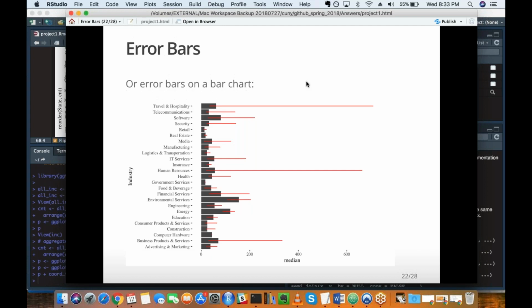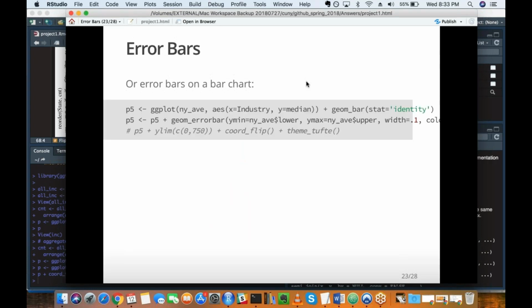And then one last way of doing that, you could also just add error bars to a bar chart. So for something like this, it's simply a bar chart, but you're adding this geom error bar, and that gives you information about the medians or means, but also gives you that much more information about the distributions.